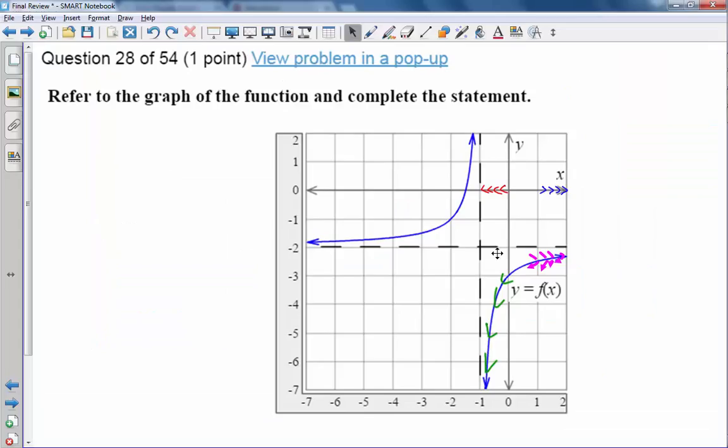Okay. Is this graph increasing or decreasing over an interval? First answer this. Is this graph increasing over an interval? Increase means you imagine yourself walking on this path.